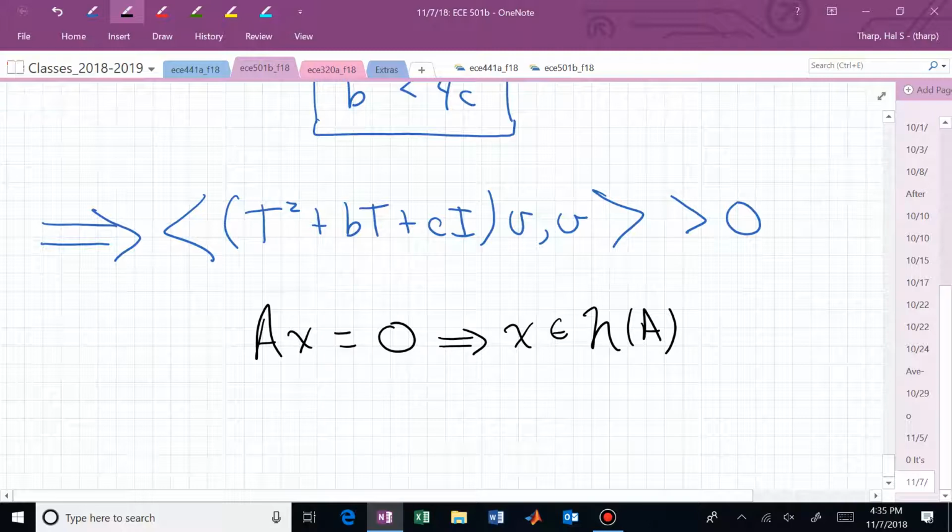It's in the null space of A, right? Now I'm saying that no matter what the v is, I cannot have the first slot being 0 because this has to be bigger than 0.